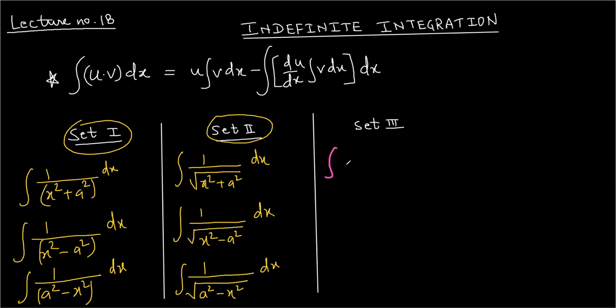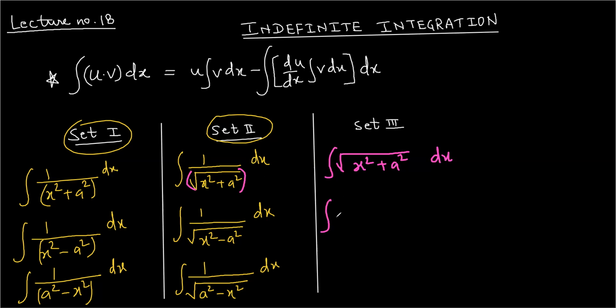We are going to derive the result for the integral square root of x square plus a square dx. So you can see what is happening here. This square root, which was in the denominator of 1, has now come in the numerator.